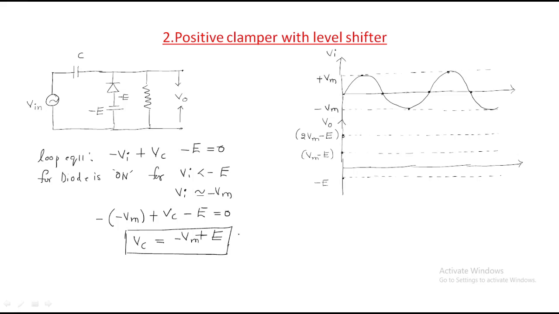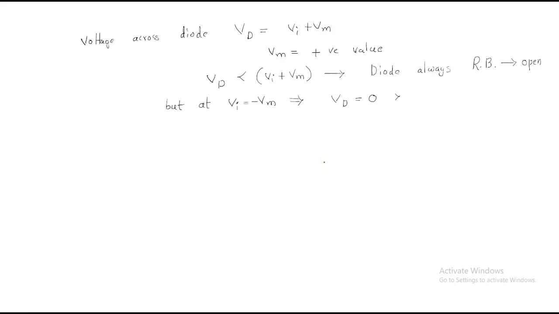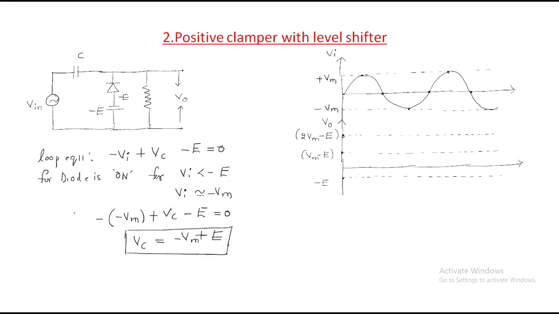In the previous case, the capacitor voltage was only Vc equal to minus Vm, but in this condition the capacitor voltage will become minus Vm plus E. This is for when the diode is on.